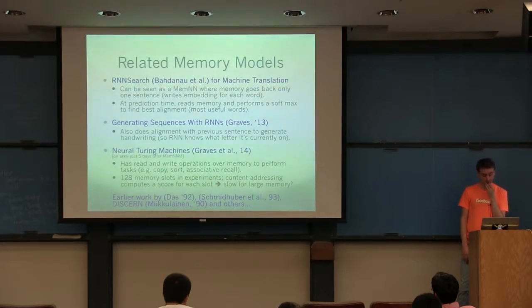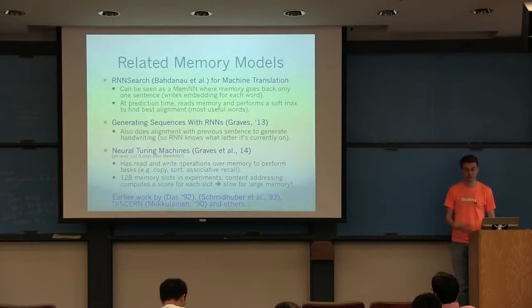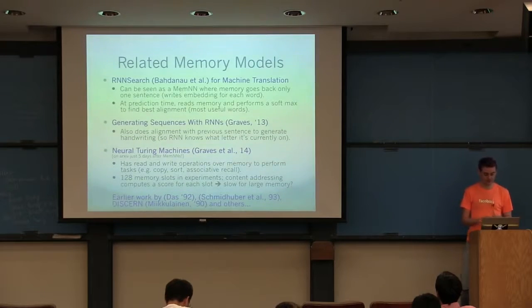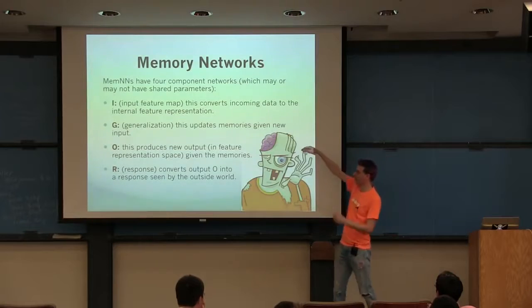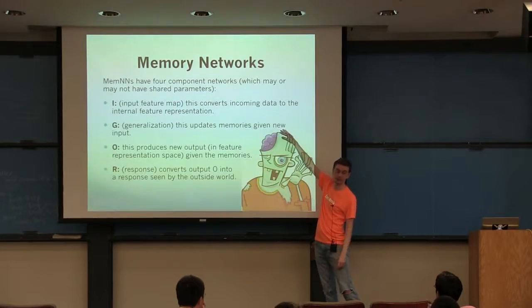But it's actually fairly impressive that those models can do those things. To do that, if you put their model into this framework, you have to have this more complex G function.